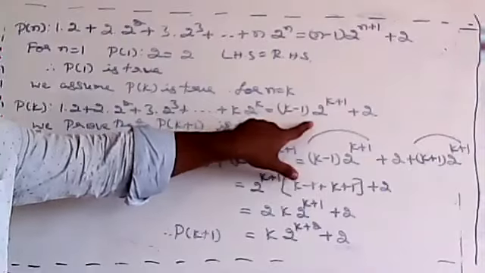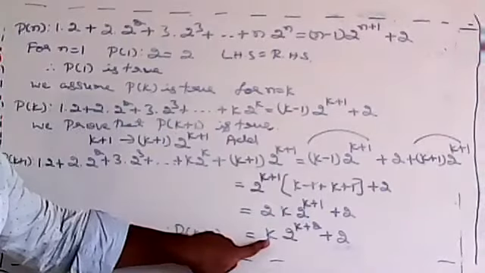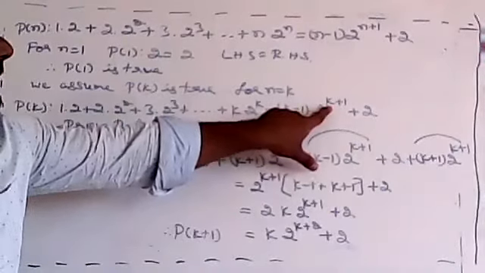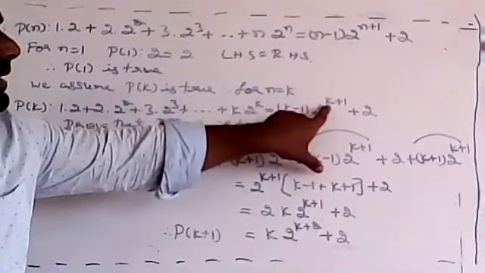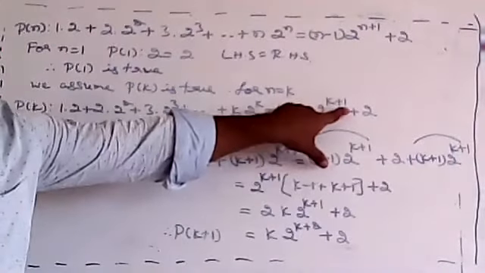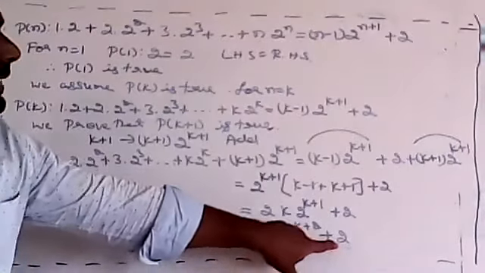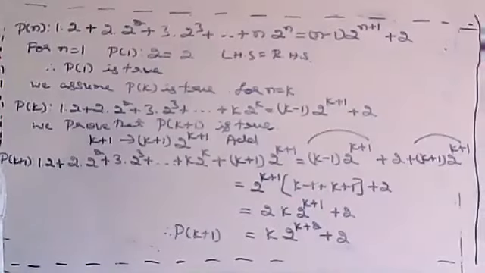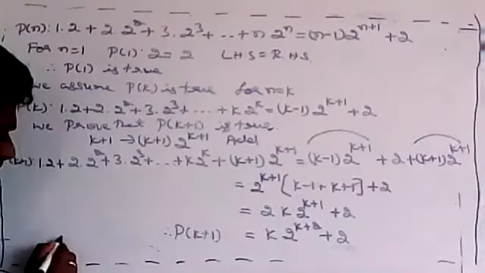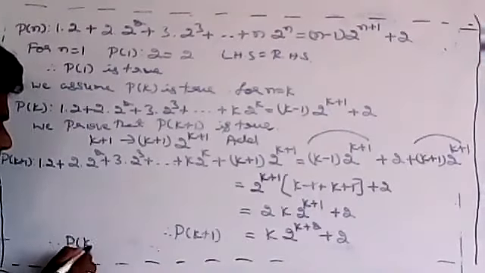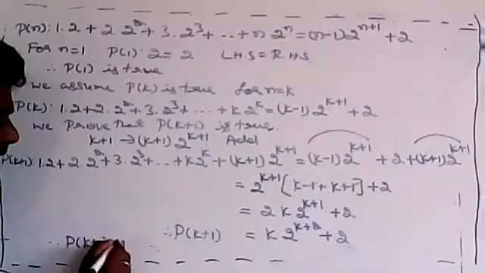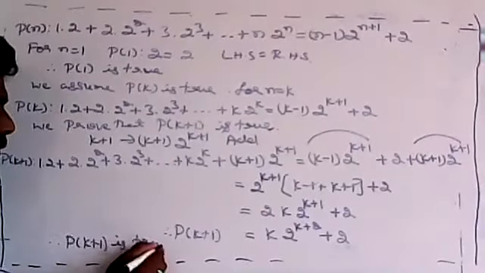Then plus 1 minus 1 get cancelled. Remaining is k. And similarly here, 2 to the power of k plus 1 is there. Replace k by k plus 1. Plus 1 gives k plus 2, plus 2. So therefore, P of k plus 1 is true.